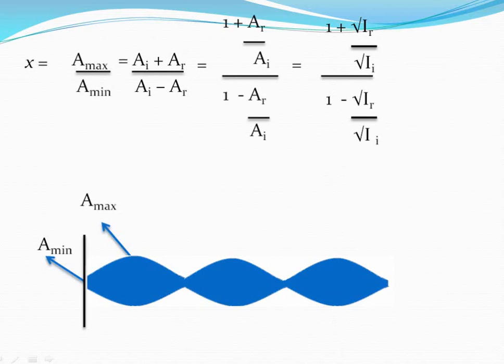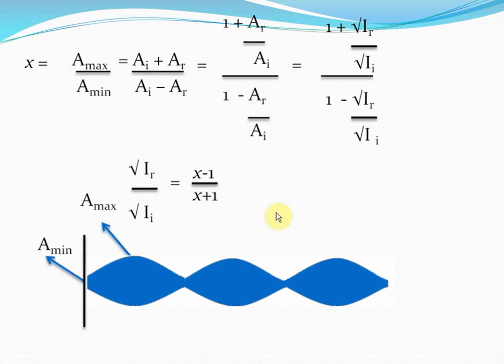Therefore, what we actually have to find when we have to find the percentage of energy reflected back is I reflected divided by I initial, because energy reflected divided by energy initial is equal to intensity reflected divided by intensity initial. So all we have to find is IR divided by II. Now if we simplify this equation, we get square root of IR divided by II is (x minus 1) divided by (x plus 1).